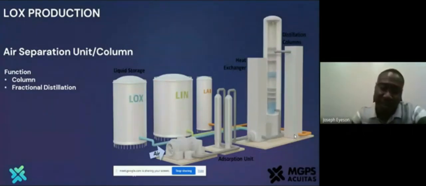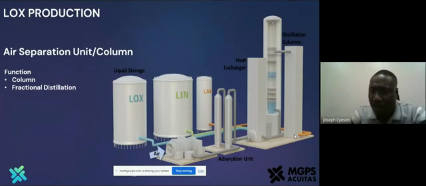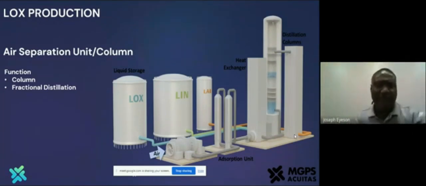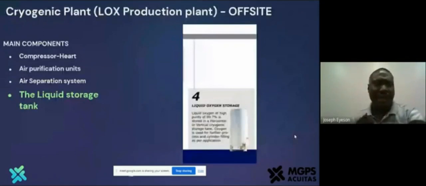That is where oxygen is liquefied. So at that point, at the base of the column, the liquid oxygen is transported into the tank, the Isotanks, which is another storage unit.